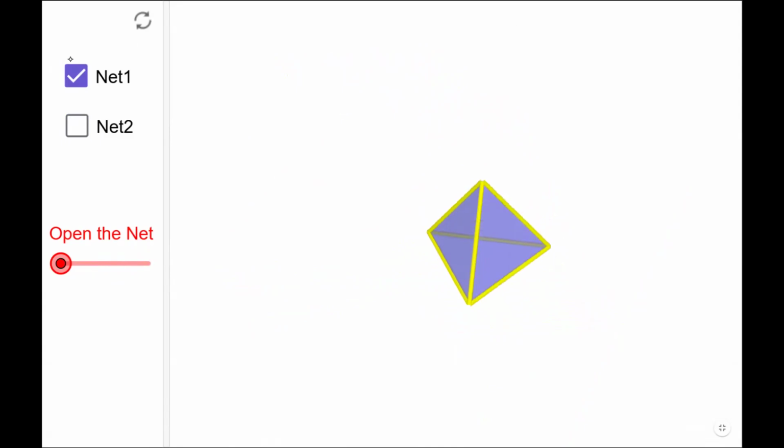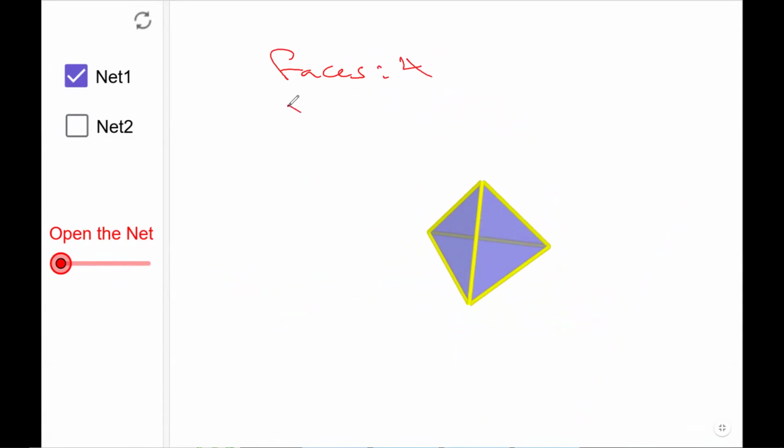How many faces, how many vertices, how many edges? You can find that this shape has four faces and four vertices. The main property for any pyramid is that the number of faces is the same as the number of vertices. We have here four vertices, four corners, and four faces.